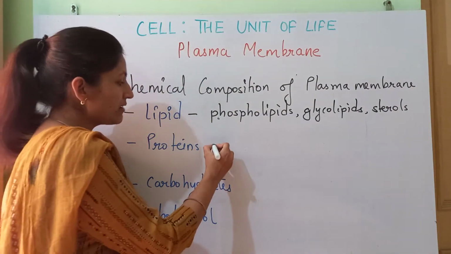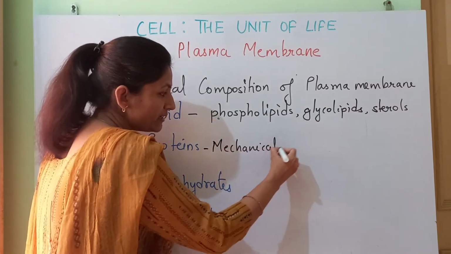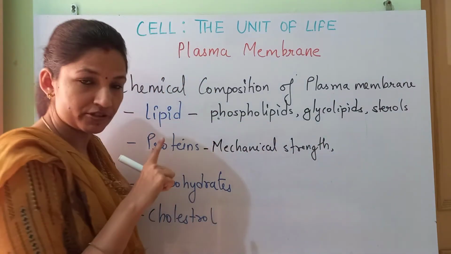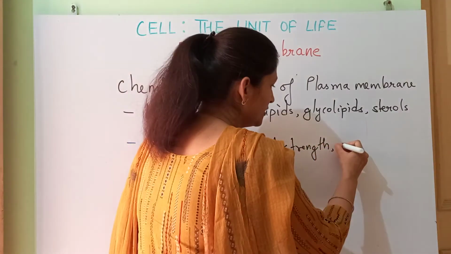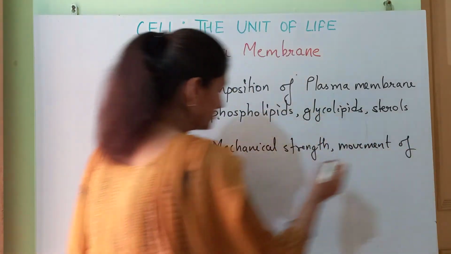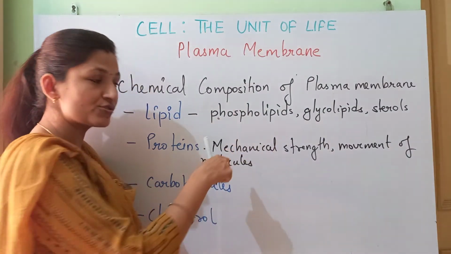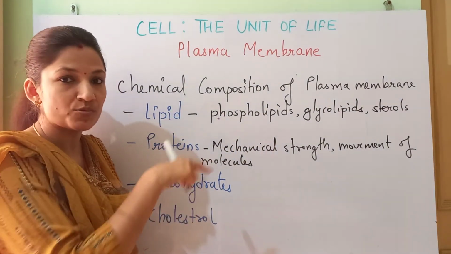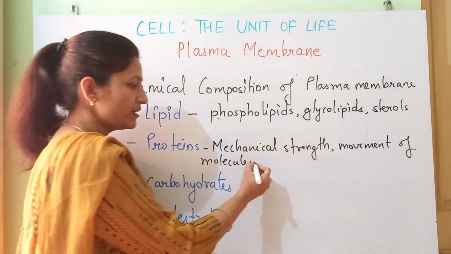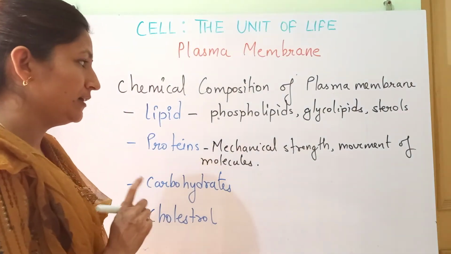Now, proteins are responsible for providing mechanical strength to the plasma membrane first. Second, the movement of molecules across the membranes is also facilitated by these proteins, the channel proteins and carrier proteins present. So they help in the movement of molecules too.